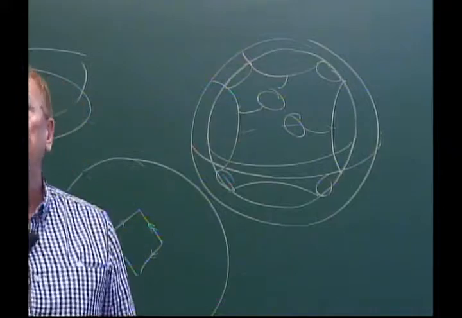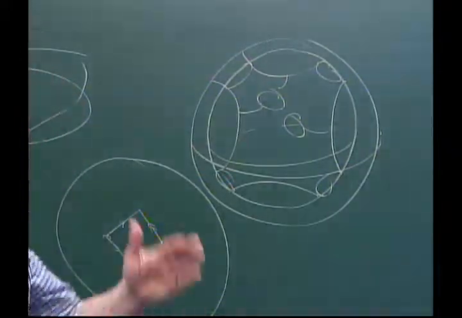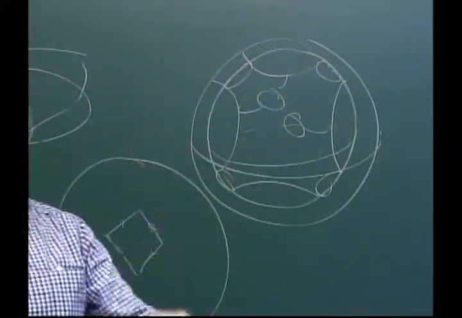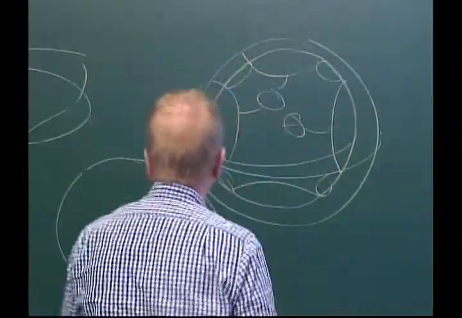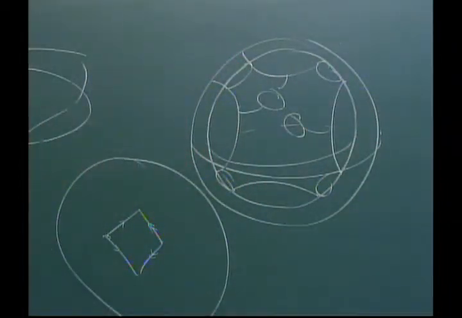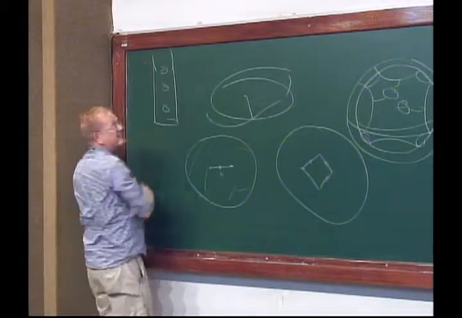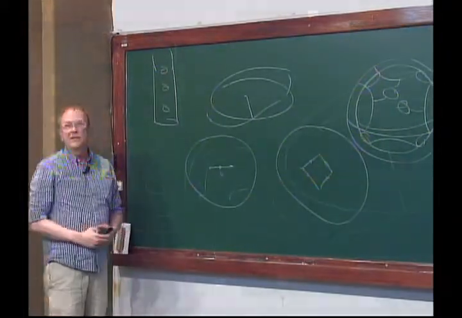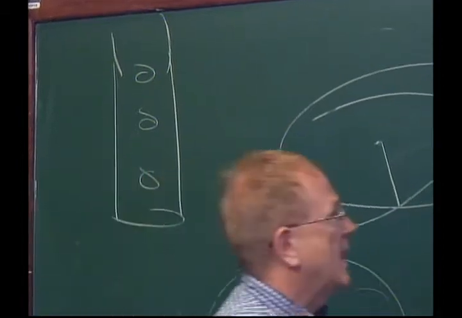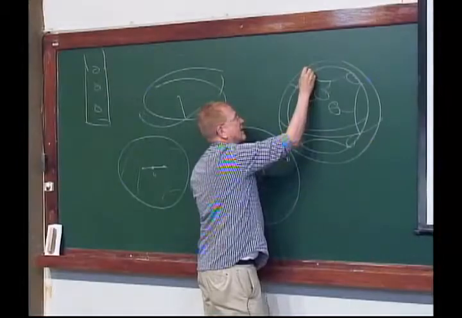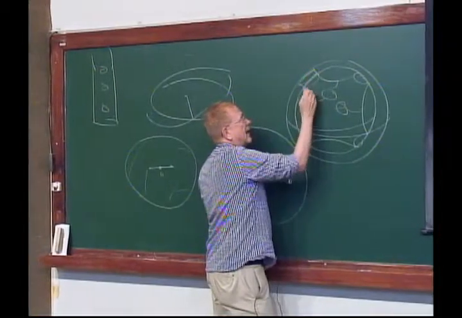What would I do? In my exhaustion, I have an annulus. Suppose my end was simple and had infinite genus. So I could take an annulus, okay?